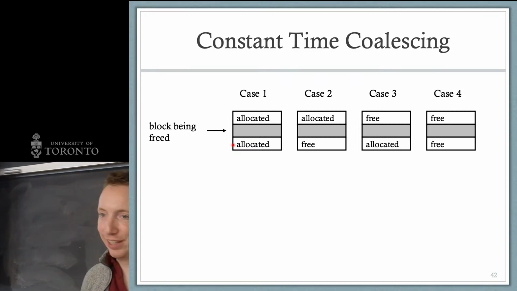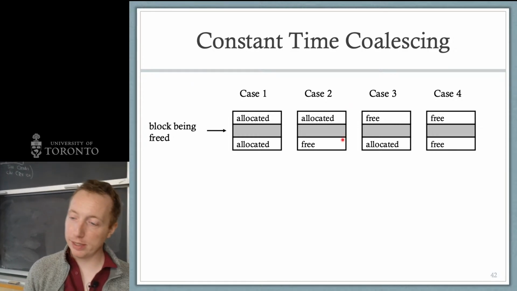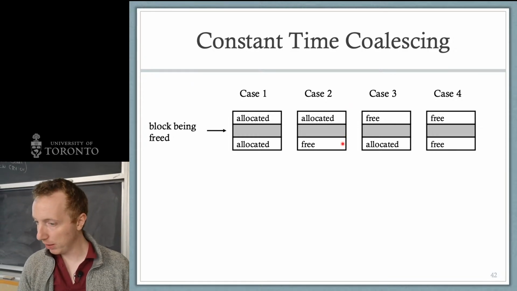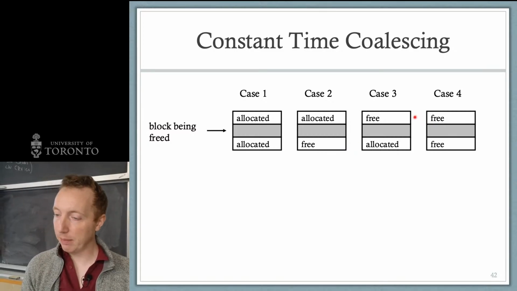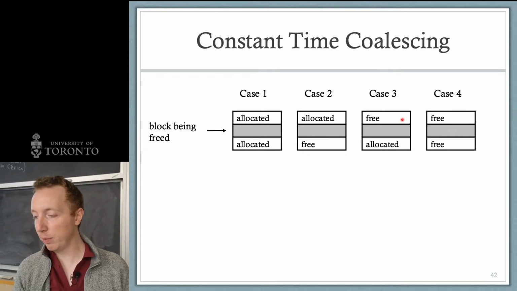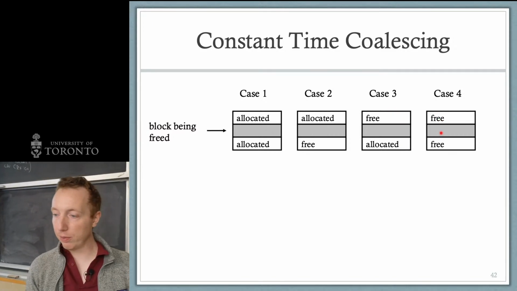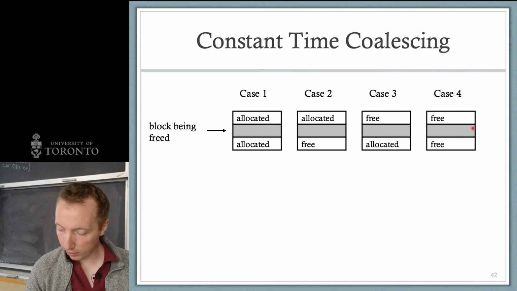Hopefully not. If we're sandwiched by an allocated block previously and a free one next, then we have to coalesce. Same thing if the previous is free and the next one is allocated. And if both blocks on either side are free, we have to coalesce with both of them.